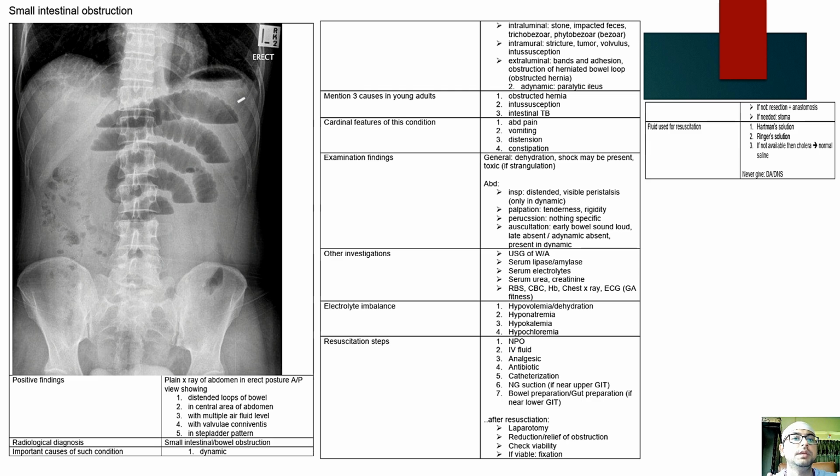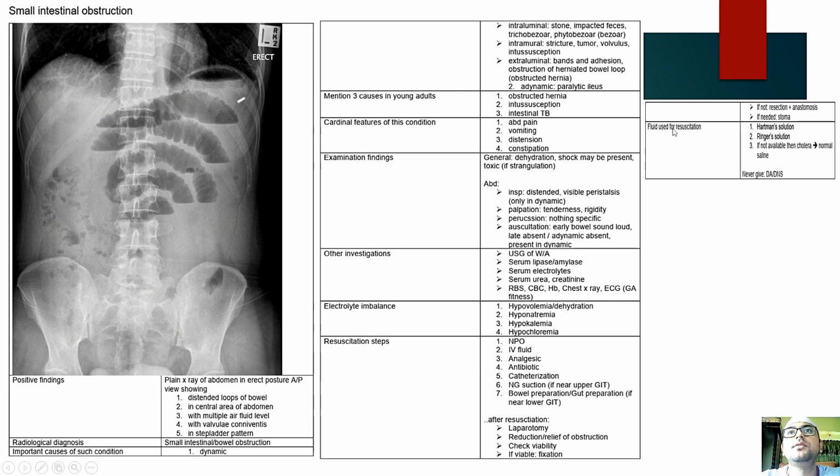Sometimes some gut will be dead due to vascular occlusion, due to 360 degree or 270 degree rotations that cause volvulus, so blood supply will be impaired. In that case, we need to know the viability of the gut and also do fixation. Some gut will be derotated, so we must rotate it and fix it so that further rotation will not happen.